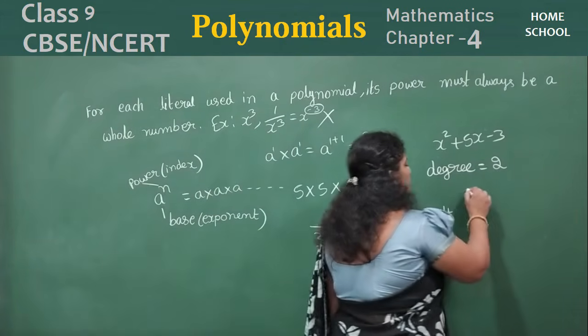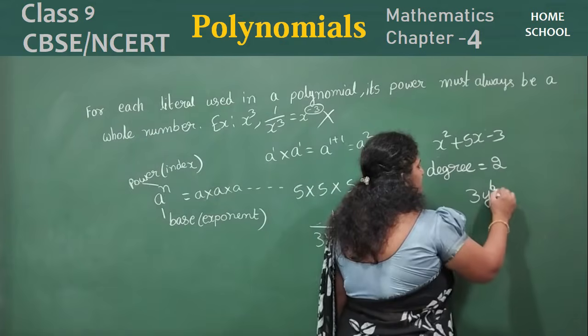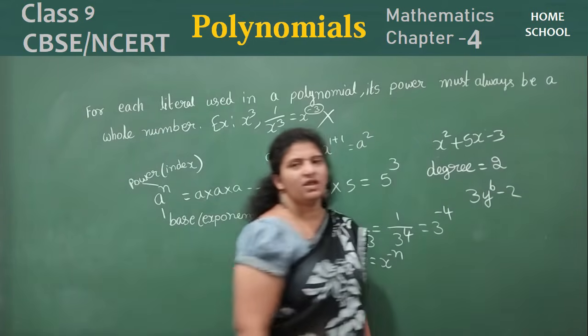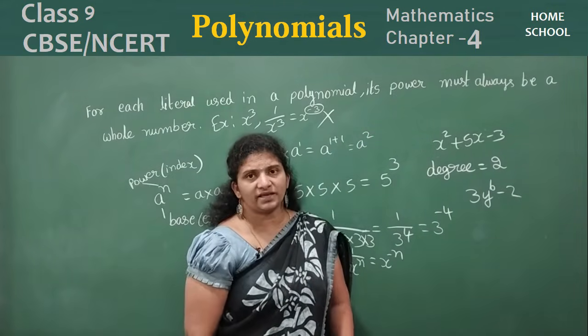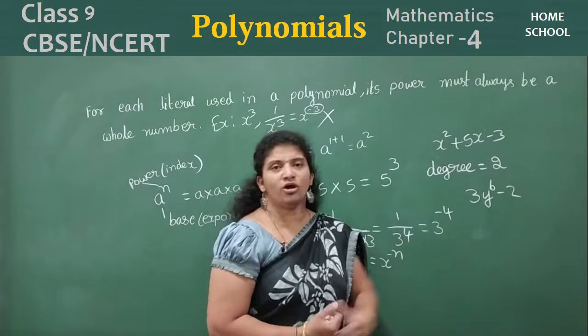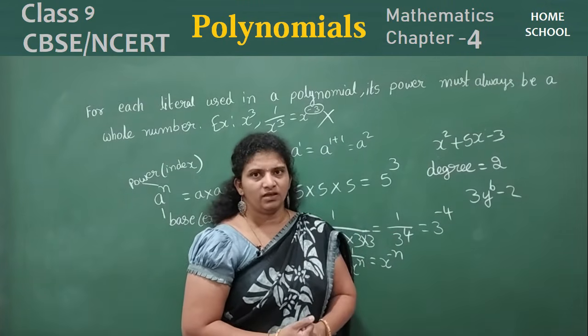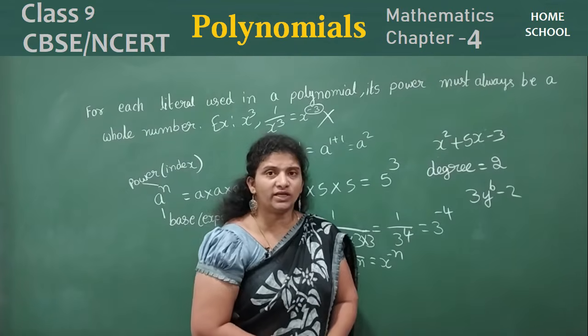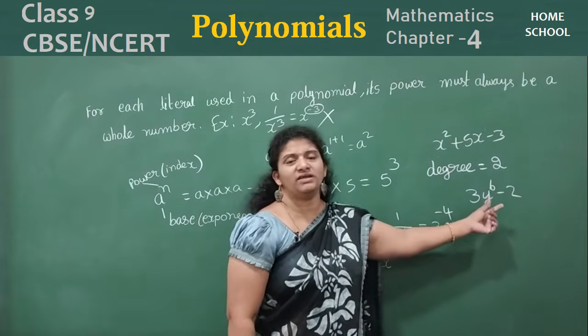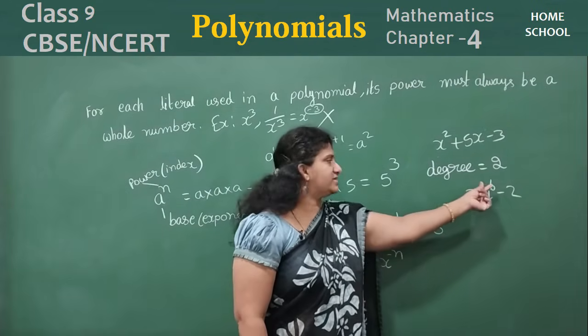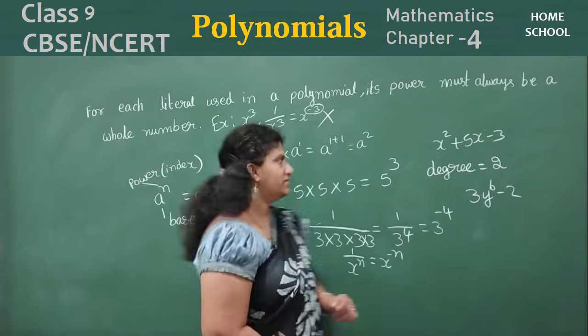Similarly, if I ask you 3y power 6 minus 2, what is the degree of the given algebraic expression? It is a binomial having 2 terms, and its degree means the highest power. Its degree is 6.